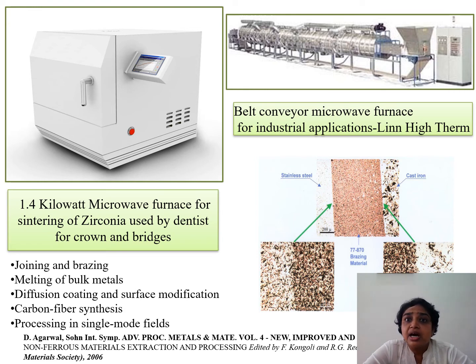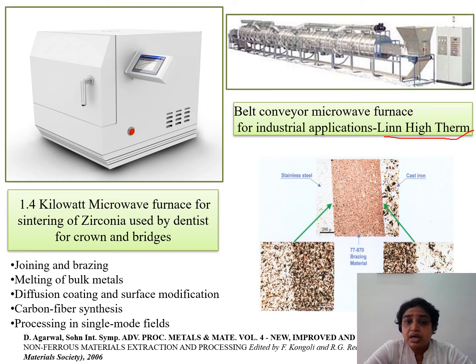Then on the top right you can see a belt conveyor microwave furnace. This is again for industrial application. Linn High Therm is a very renowned supplier of microwave furnaces across the globe. In India there are Energy Microwave Systems and Pradeep Metals, who are also supplying this kind of furnace.